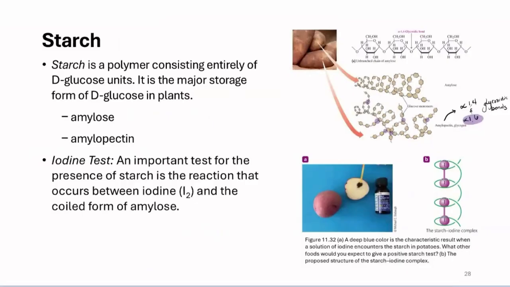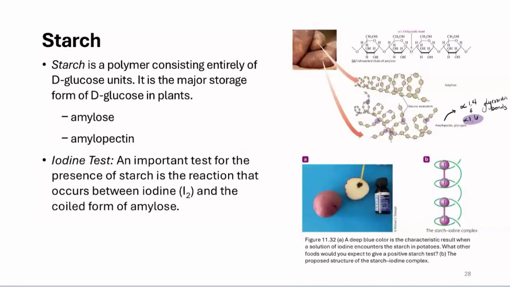When it comes to chemical tests that can be utilized in order to find starch, understand that the iodine test can be utilized. Iodine is specifically molecular iodine, which is two iodine atoms connected to one another. This is the diatomic form of iodine.